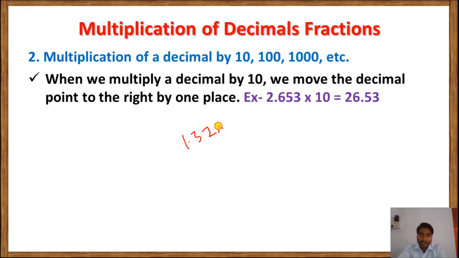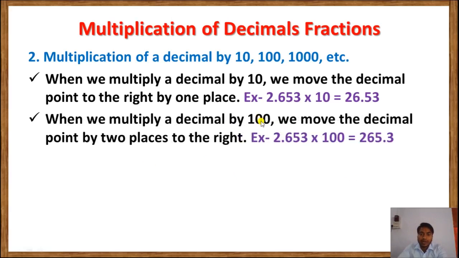When we multiply by 10, we'll get 132. Now this decimal point moves right side by one place. Right now the decimal point is in between 1 and 3. When we move, it will come between 3 and 2. This is the answer.